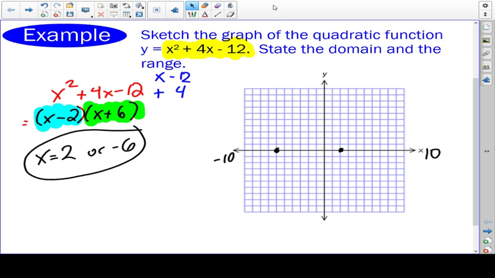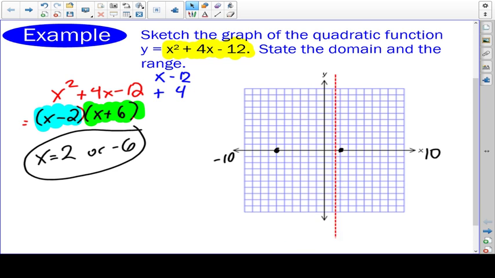Now, here's what else I know. I know that quadratic functions are symmetric. That is, the vertex will be halfway between these 2 points. I don't know where it's going to be, but I know that if I drew in an axis of symmetry here, it's going to be halfway between these 2 points.